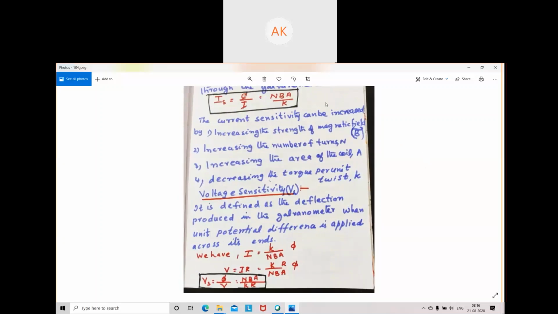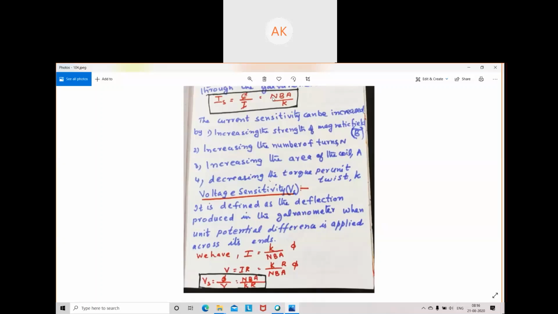And there are some problems in increasing N. When we increase the number of turns, so many turns are wound on the coil. What happens if the number of turns is more? It becomes bulky. That is a problem. Then if we increase the area, that also increases the size of the coil. That is also difficult.